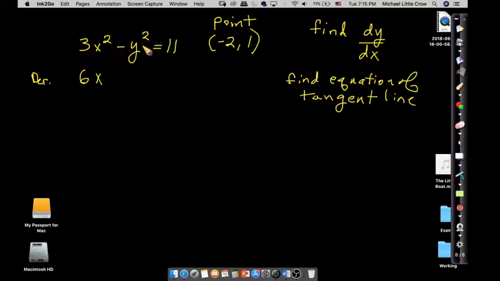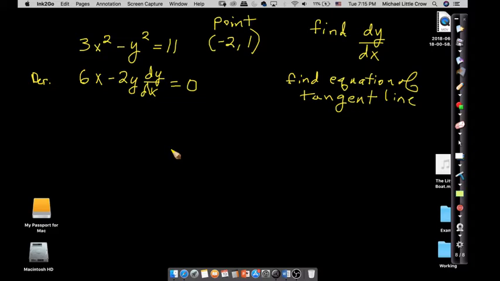How about minus y squared? Very good. Every time we take the derivative of y, we just put this dy dx, and it's all good. We don't know why, but it just works, so we do it. And the derivative of 11, 0. So that's the other thing. Derivatives of constants are always 0.